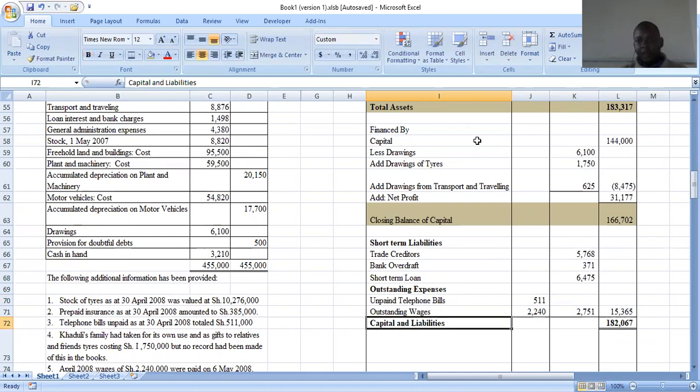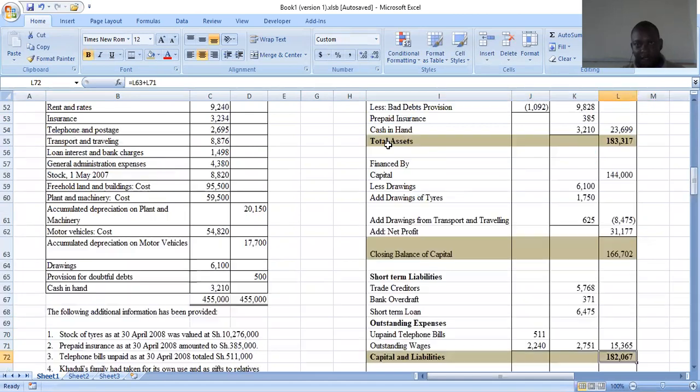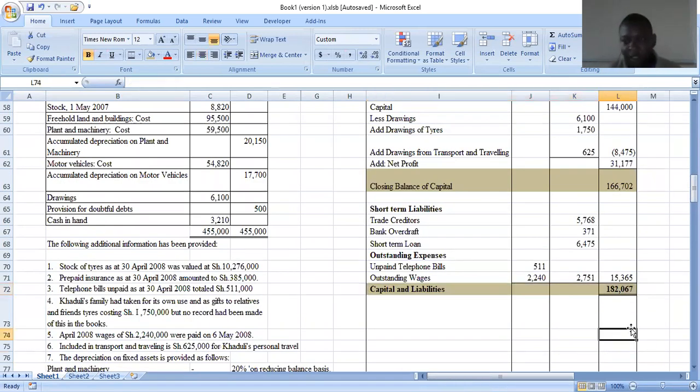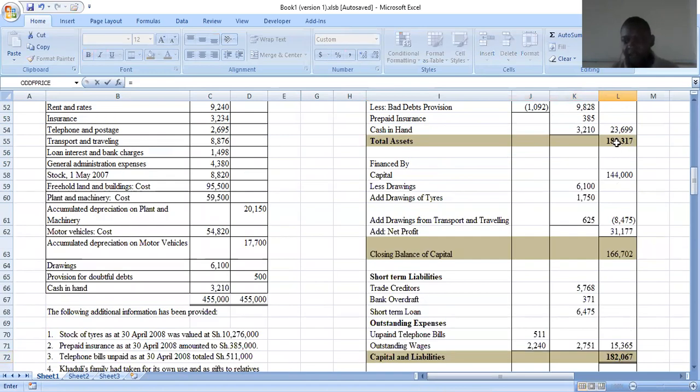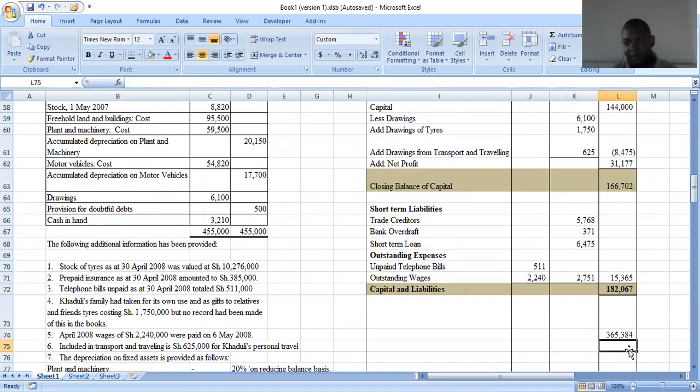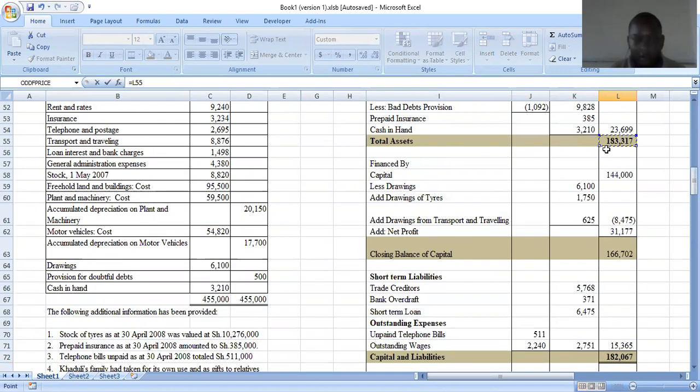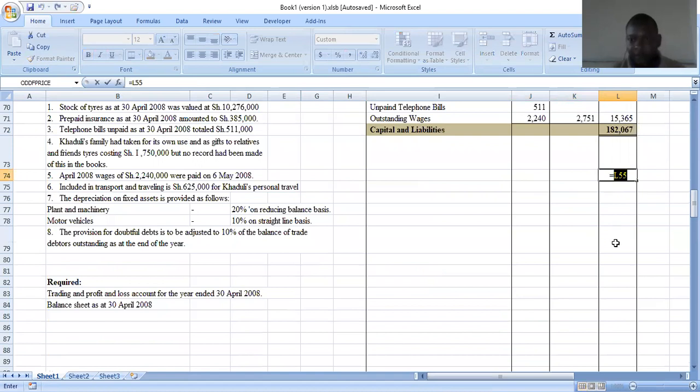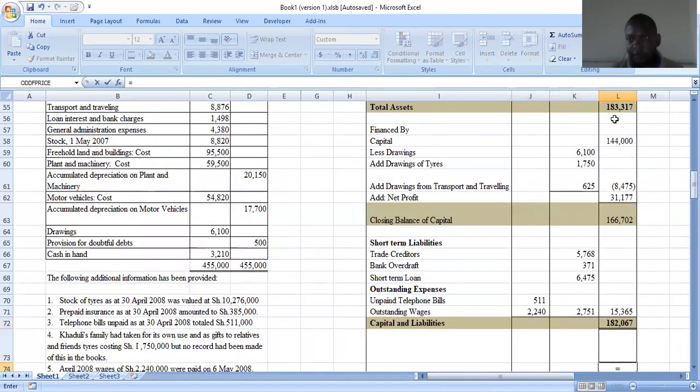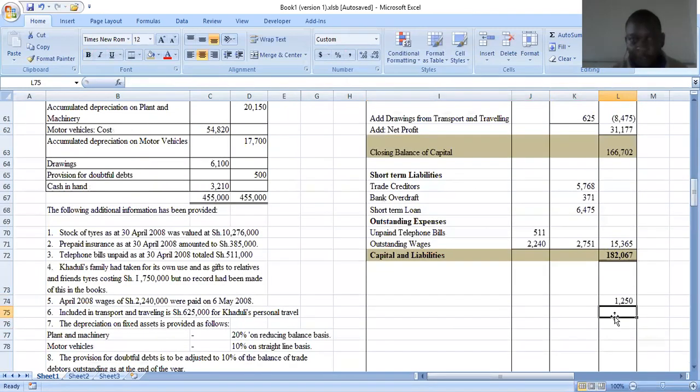That should give us the capital and liabilities, which should balance with total assets. But as I can see, it's not balancing. Shida iko. What's the difference? 183, 317 minus... 1250.